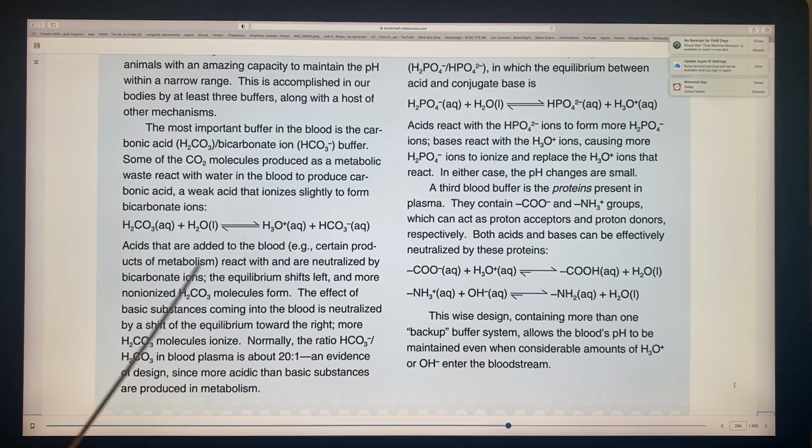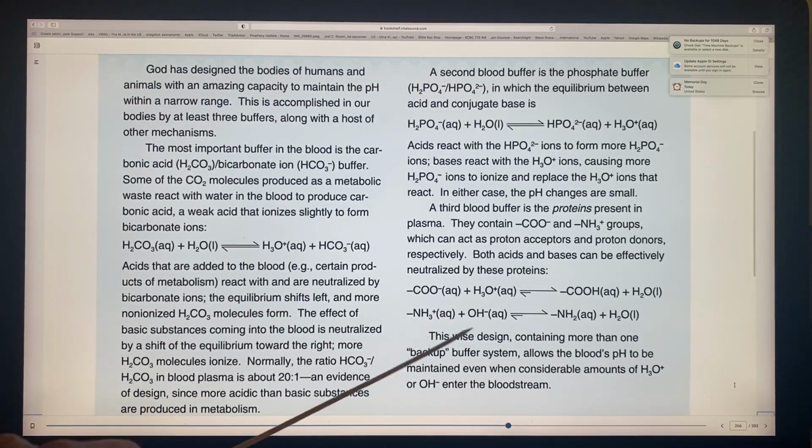But if something happens here, we also have a couple other buffer systems with the phosphate and our protein buffer system, the backup systems. So our amazing God has put together such amazing ways that we can stay alive, that he has brought life, and now our body is definitely fearfully and wonderfully made.